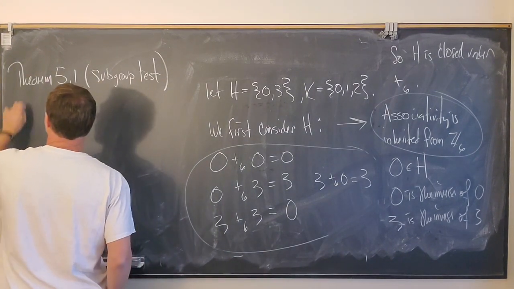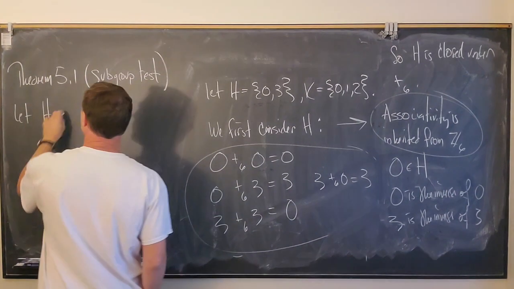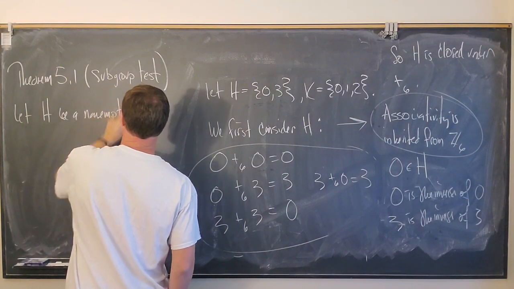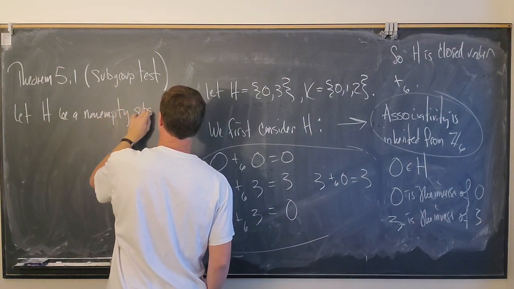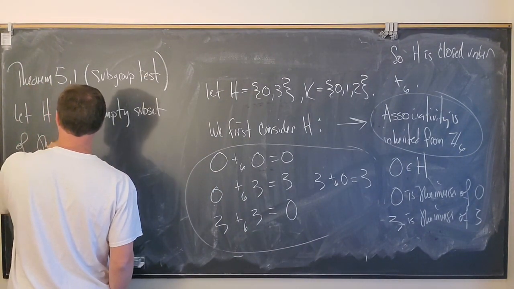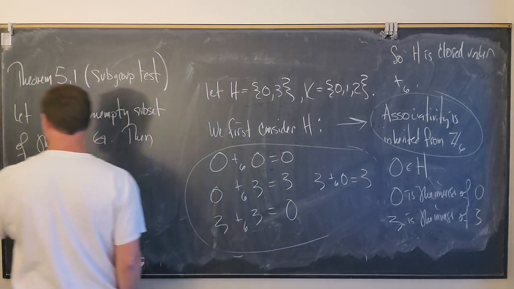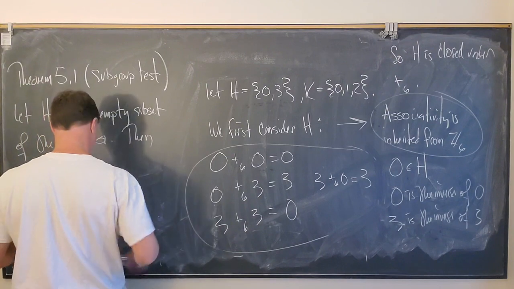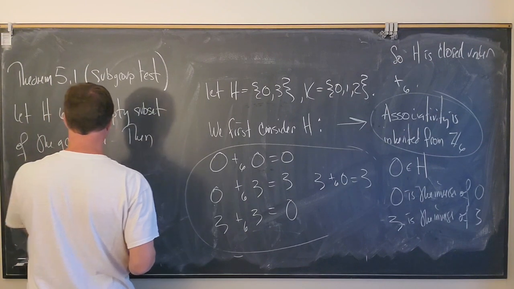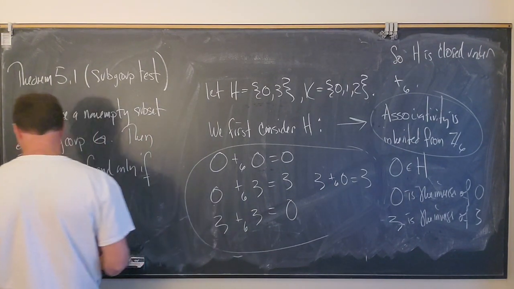So the theorem goes like this. Let H be a non-empty subset of the group G. Then H is a subgroup of G if and only if two properties hold.